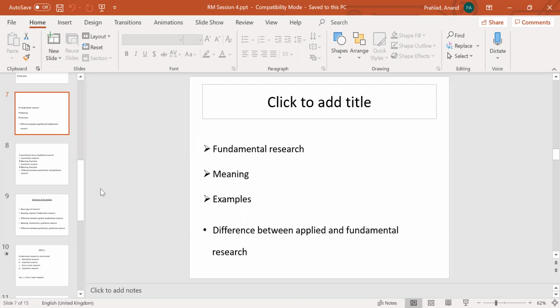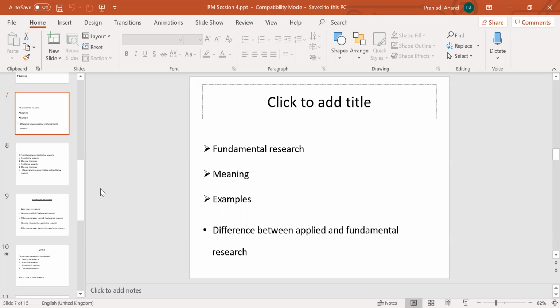So, here, research concerning some natural phenomenon or relating to pure mathematics could be examples of fundamental research. Similarly, research studies concerning human behavior, which are carried on in order to make generalizations about human behavior, are also examples of fundamental research.